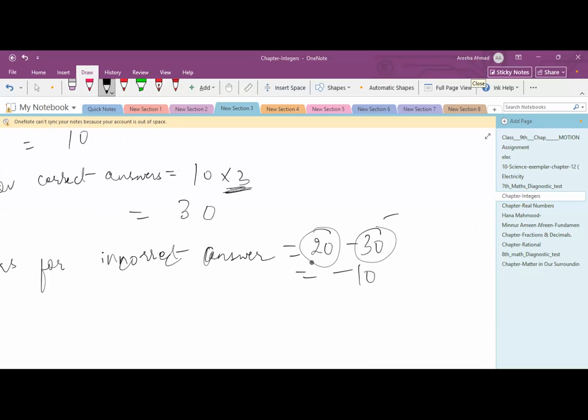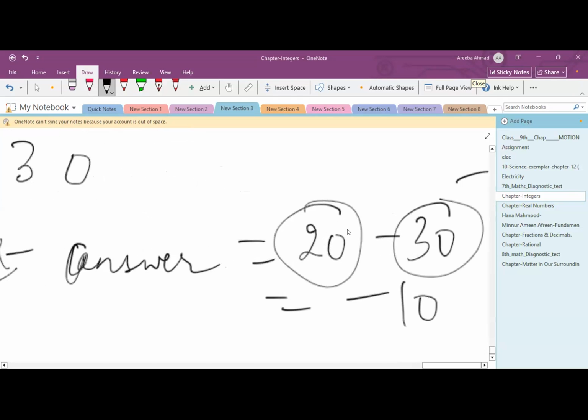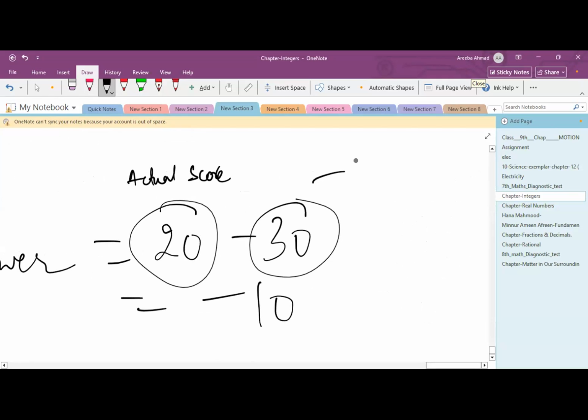Why didn't I write 30 minus 20, and instead wrote 20 minus 30? Because I will subtract from the actual score, whatever she is scoring. This is the actual score, which holds more importance, and this is the positive score. When you go into higher classes, you will have competitive exams too.